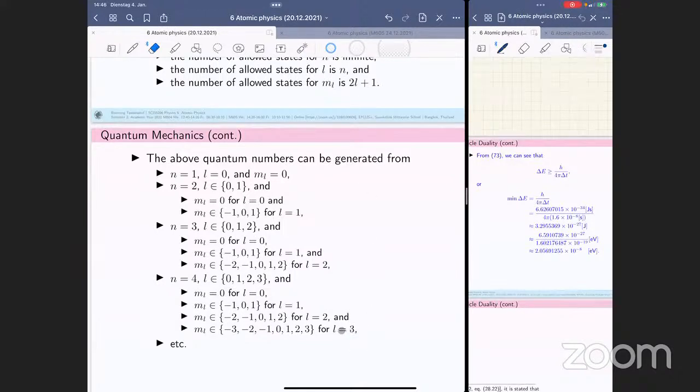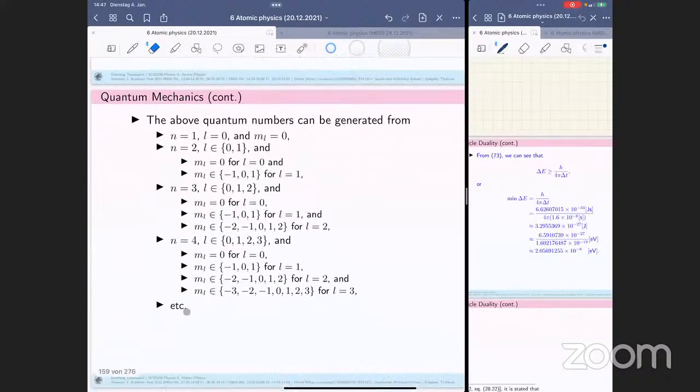Once you substitute L by 3 into this expression, 2 times 3 will be 6, and plus 1 will be 7, and that's why you have 7 elements in this set. Here are the first 4 generations of the quantum states that could take place for the electron to move around any nucleus of the atom, and so on.